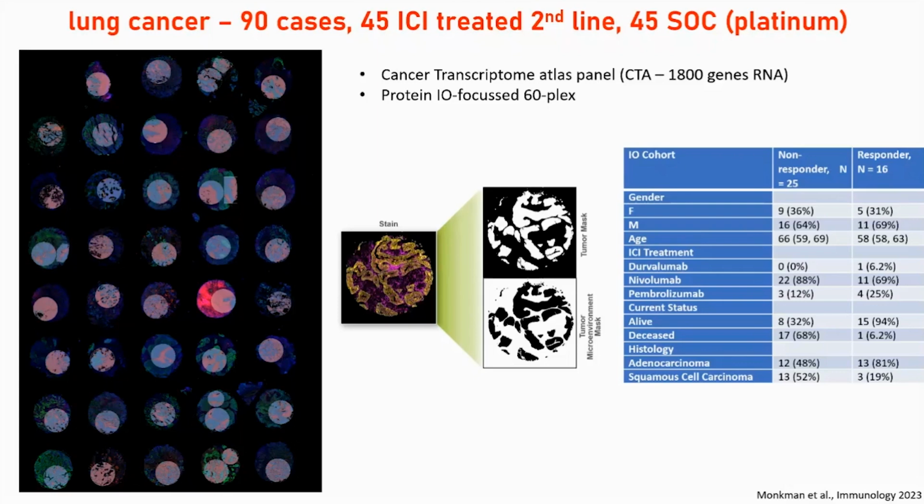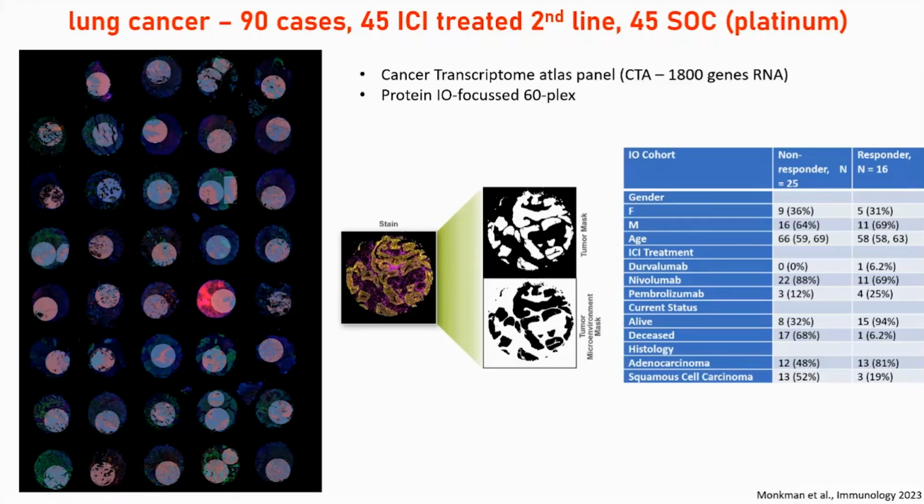This is a tissue microarray where we had a single core biopsy per patient. 45 patients were treated with immunotherapy, 45 were treated with standard of care, platinum therapy, in lung cancer, and we had a single biopsy per patient sample. We used a gating strategy of masking on cytokeratin for the tumor, and we didn't want to be selective and look at CD45 or an immune cell component.